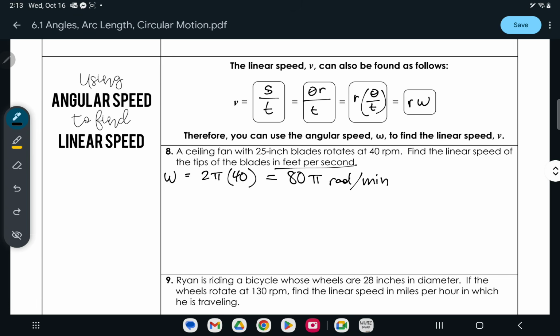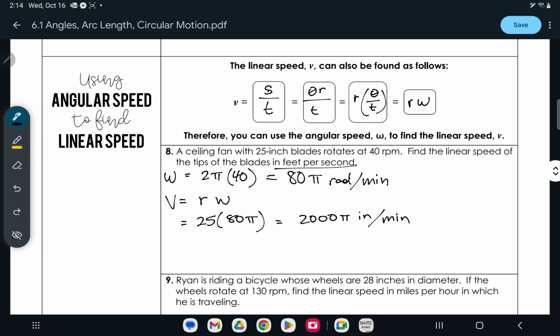And then my new formula is v equals radius times angular speed. The radius is 25, and we just found the angular speed to be 80 pi. So we get 2,000 pi inches per minute.